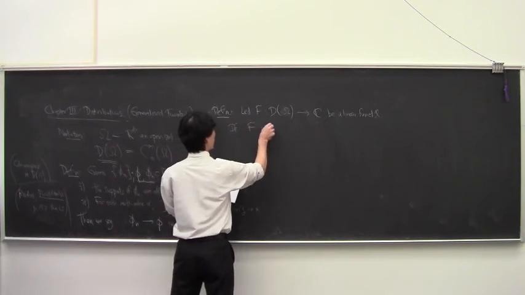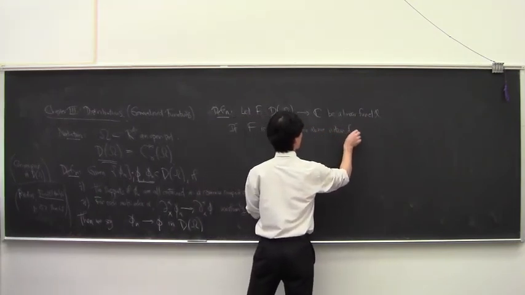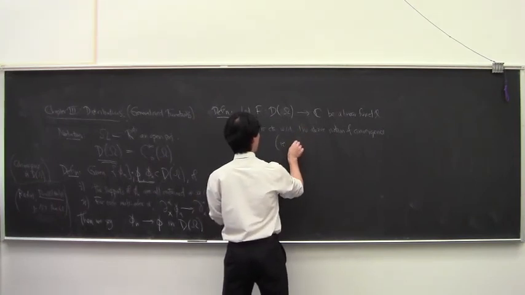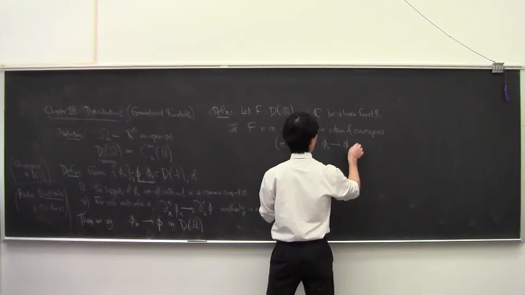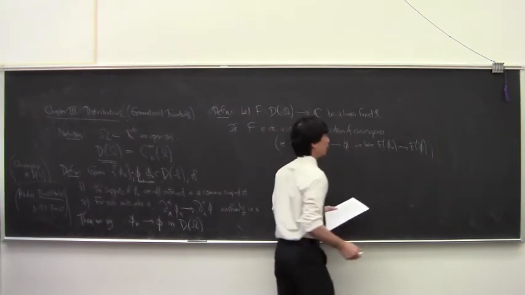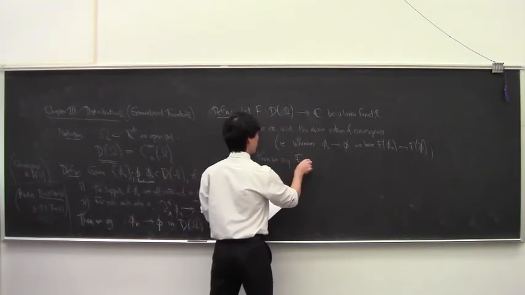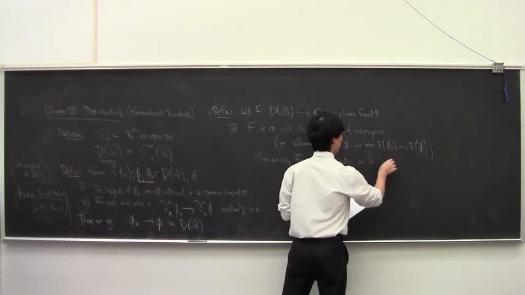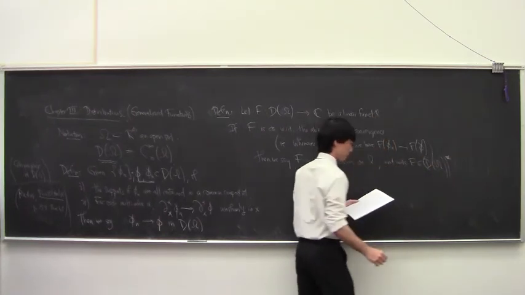If this is continuous with respect to the above notion of convergence, that is to say that whenever phi sub n converges to phi in the above sense, we have f of phi sub n converging to f of phi in the sense of complex numbers, then we say f is a distribution on omega. We say that f is in D star.